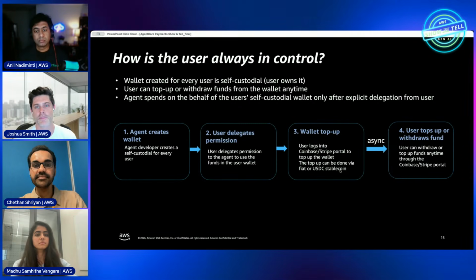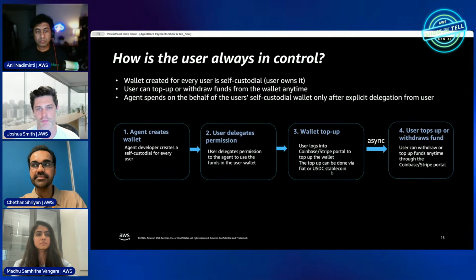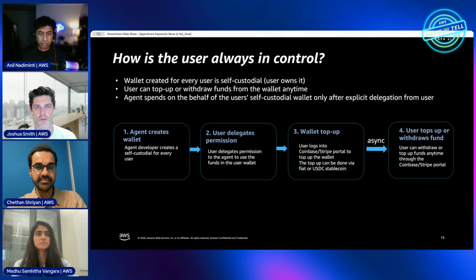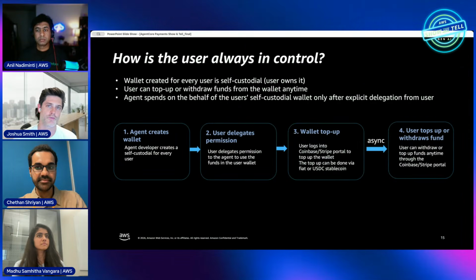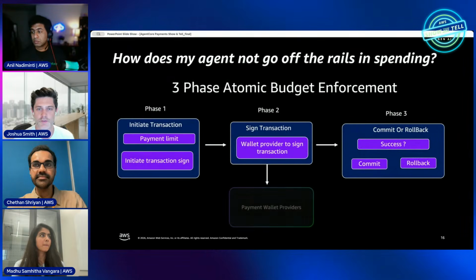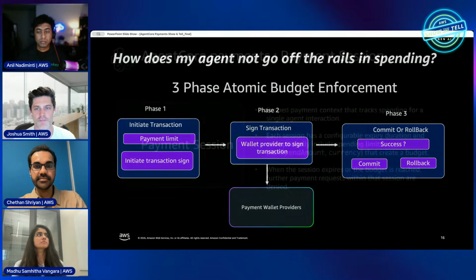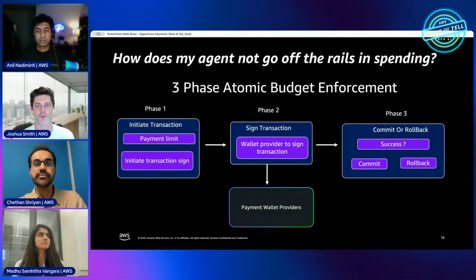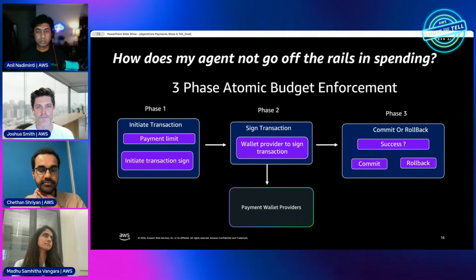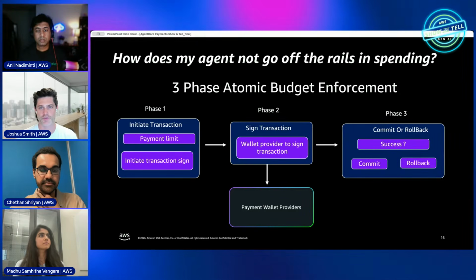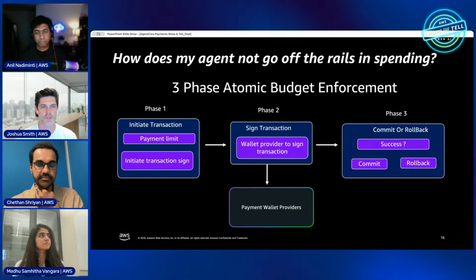To use it, the user controls the top-up of the wallet. They log into their Coinbase or Stripe portal, as mentioned before, and they can use a variety of mechanisms to fund the wallet using stablecoins or fiat methods. And then the user tops up and withdraws the funds out of band. So the agent is able to spend on behalf of the user's self-custodial wallet with explicit delegation permission.